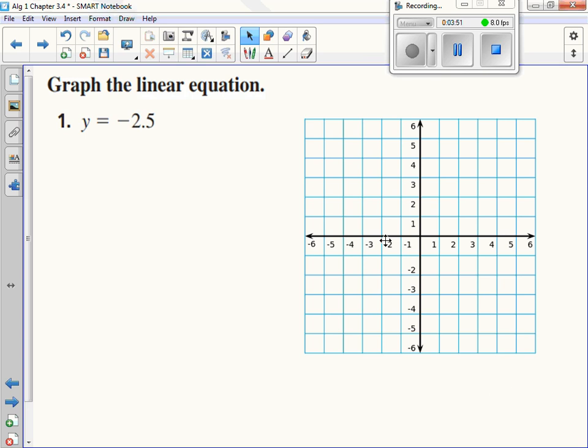Y is equal to -2.5. Now, on Big Ideas Math, you won't have an exact graph that looks like the ones on your note sheets. Most of them, because I looked over this before I assigned them, if they have those weird decimals, so here we have halves, it will actually split the graph into halves.